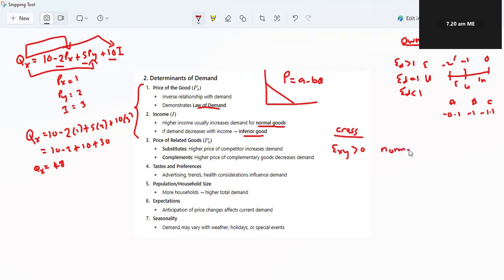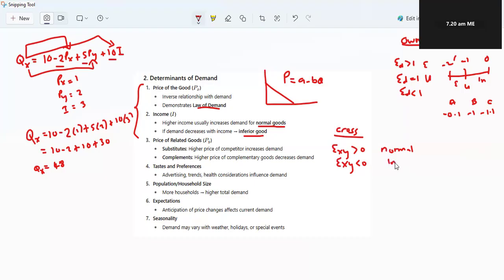A normal good is simply something that you desire more when your income is going up. I can give an example of a relationship. It's a normal relationship: you love this person more when you are spending more time with them. But if the more time you spend with the person, the more you love them, they should be an inferior person. Don't value their time. Just tell them that you're an inferior good.